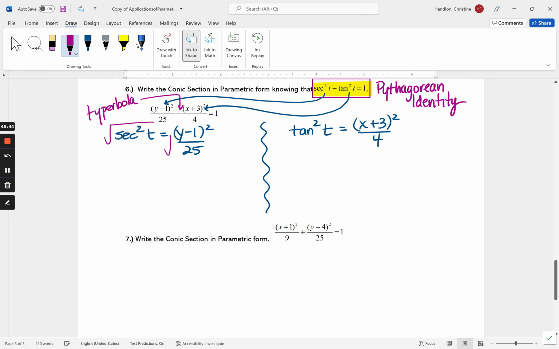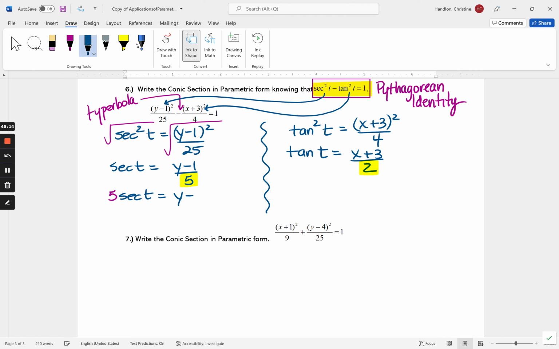You are still going to square root both sides first. So this becomes secant of t equals y minus 1 over 5. This one's going to become tangent of t equals x plus 3 over 2, since the square root of 4 is 2. You will still get rid of the denominators first by multiplying them on the other side. So 5 times the secant of t equals y minus 1, and 2 times the tangent of t equals x plus 3.